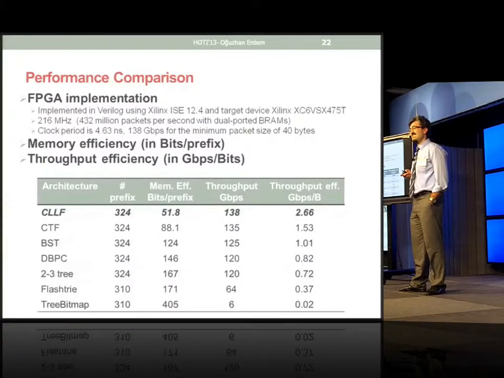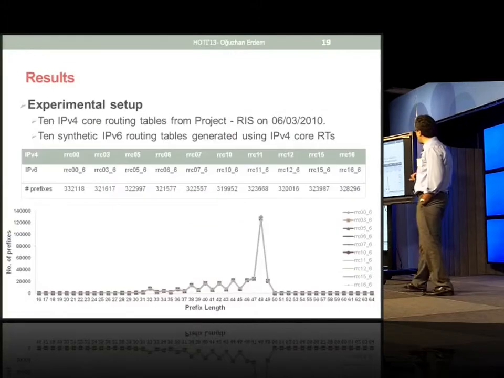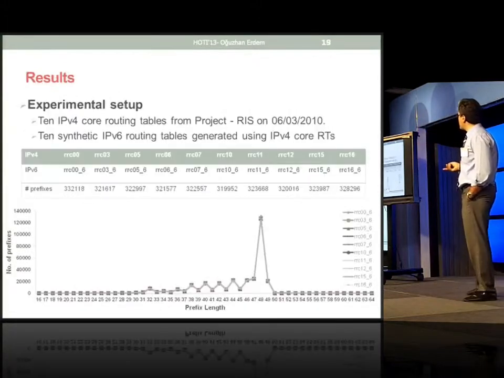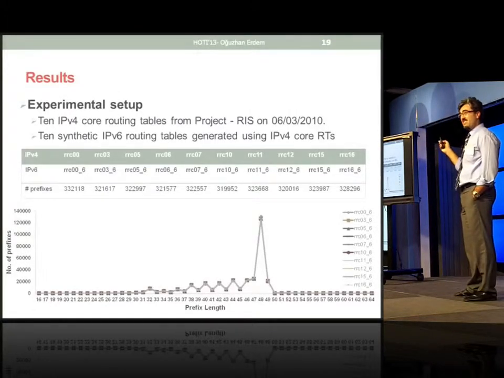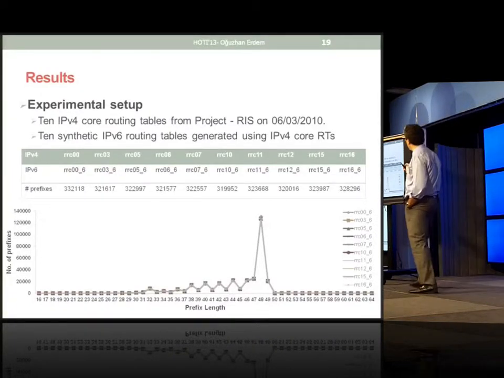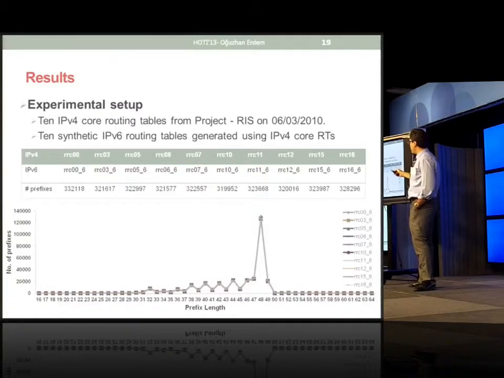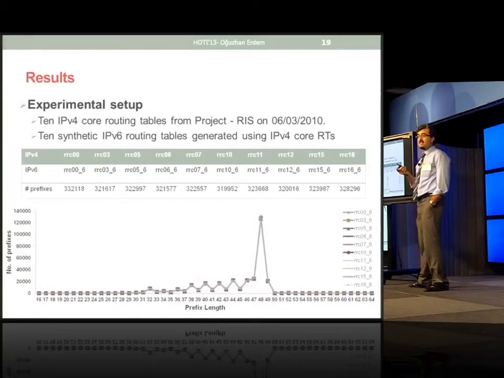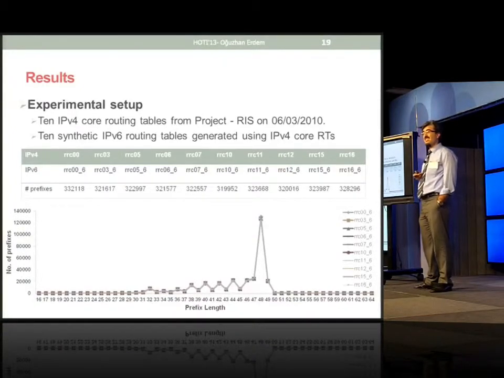But does your solution scale to, as you said, IPv6 prefixes of 500K? Does your solution scale to that many rules? Actually, using the real IPv4 routing tables, we generated those IPv6 tables, and the mapping is one-to-one. We couldn't find real IPv6 tables. Therefore, we generated synthetic tables. And here the prefix length distribution is shown.